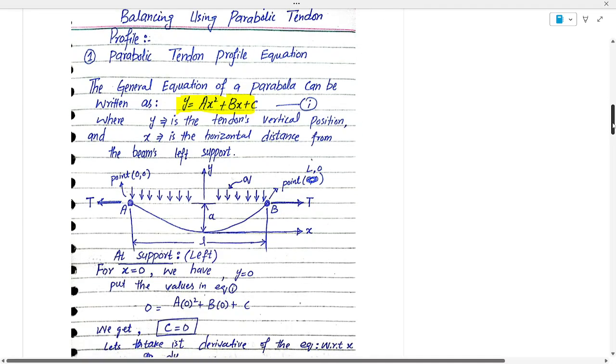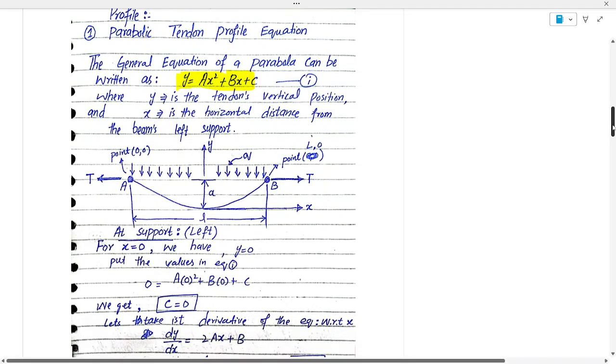So we will generate a mathematical equation for the load balancing method. We started with the equation of a parabola. This is basically a parabolic profile having a distributed load q acting on it. Let's draw 3 points. Point A is (0, 0), meaning x is equal to 0 and y is equal to 0.